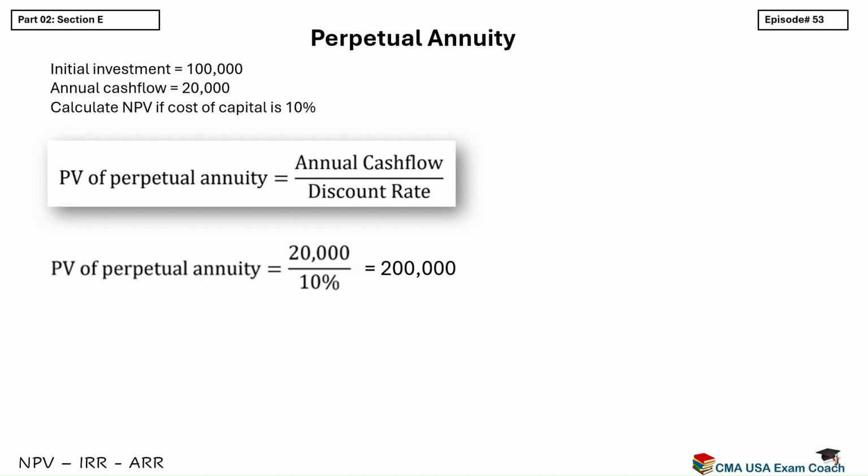Now calculate NPV. NPV equals PV of inflows minus initial investment, and 200,000 minus 100,000, $100,000. So, the project creates a positive NPV of 100,000, which means it's financially worthwhile. This is how we calculate NPV when it is perpetual annuity.